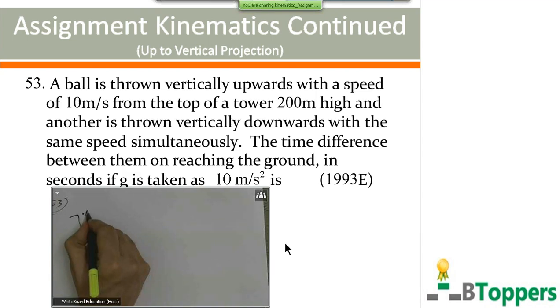Let A be the initial position of the first ball. The second ball is also thrown from the same point A. This problem also comes under one of the special cases in vertical projection.